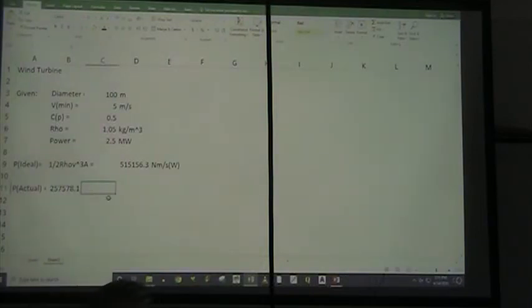Oh, excuse me, it's going to be 0.26 megawatts. All right, so we're going to say this is watts, and we can summarize our answer as 0.26 megawatts.